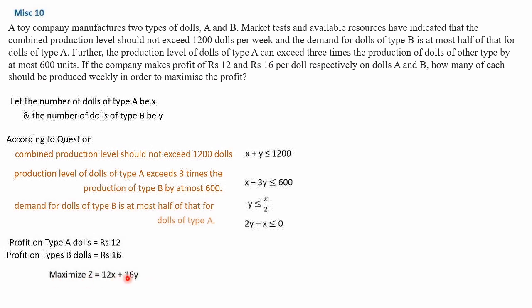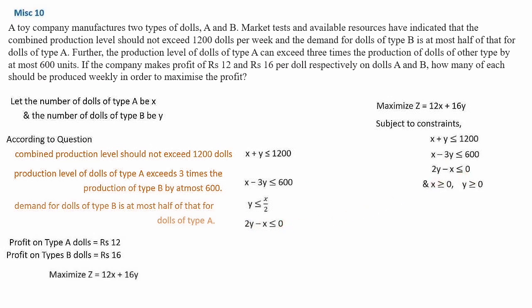So we are asked to maximize Z is equal to 12X plus 16Y subject to constraints, X plus Y less than or equal to 1200, X minus 3Y less than or equal to 600, 2Y minus X less than or equal to 0, and finally the common constraints, X greater than or equal to 0, Y greater than or equal to 0.